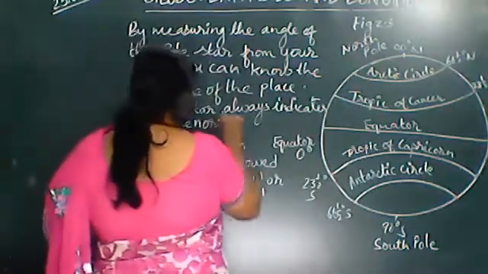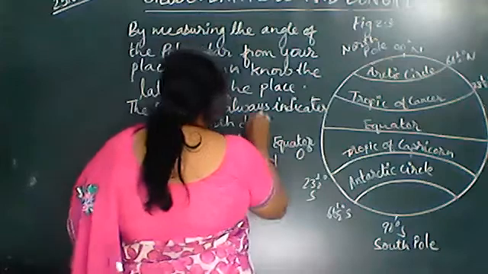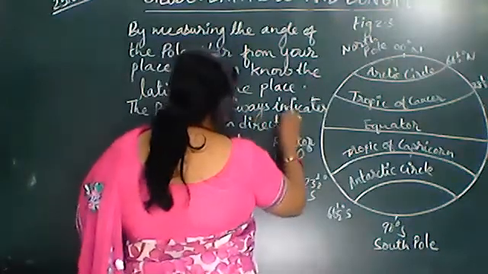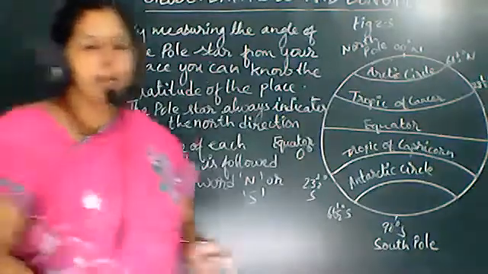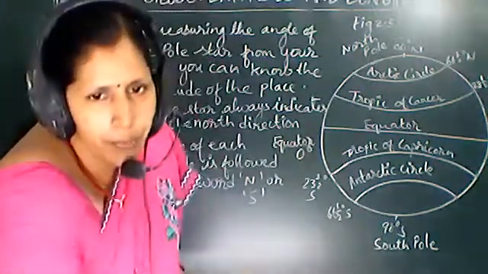So by measuring the angle of the pole star from our place, we can find out the latitude of our place. Now let me ask you a few questions.